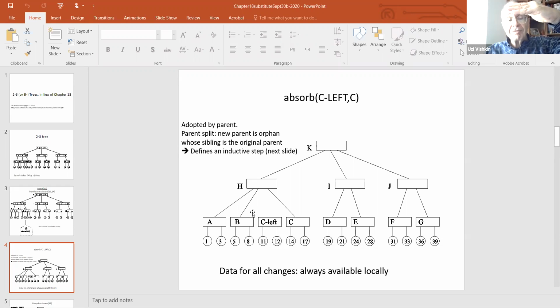Well, if you look at this window between the ABC level and the HIJ level, there you have an orphan. Everything else is legitimate.